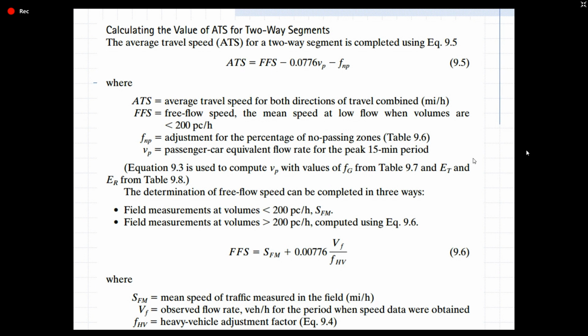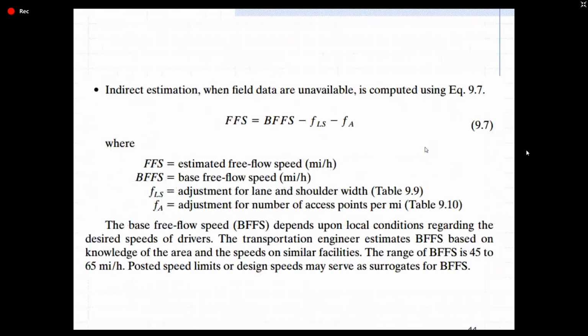But, ang pinaka-karaniwan na ginagamit in determining your free flow speed is this one. Okay? Your free flow speed is equals to your base free flow speed minus your factor with respect to lane and shoulder width, then minus your factor with respect to your access points. Okay?